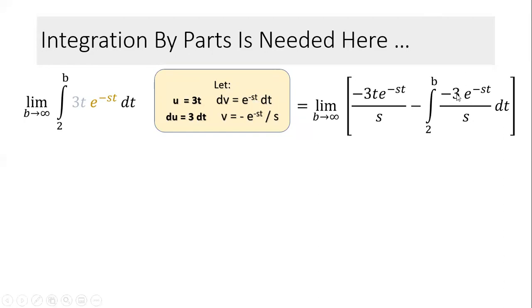Now, the nice thing here is that this second integral is immediately solvable. It's an integral with respect to t, remember. s is just a constant for purposes of the integration. And it's going to be very easy to anti-differentiate this exponential function here now.